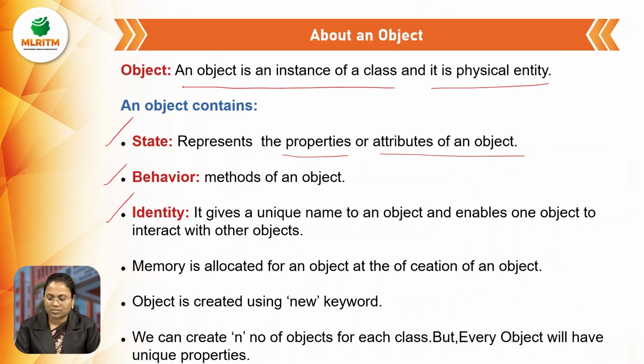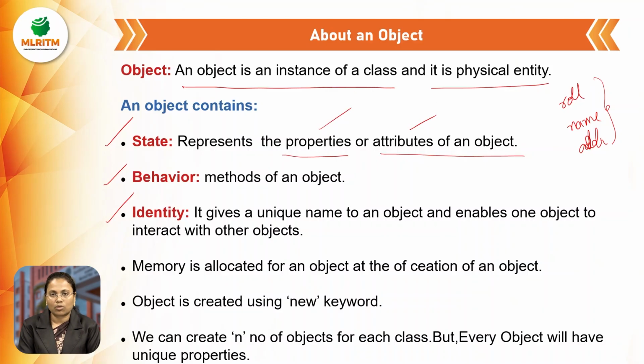To access the student roll number, the student name, the student address, we definitely need the object. So this object represents the state of a class, which includes properties and attributes.